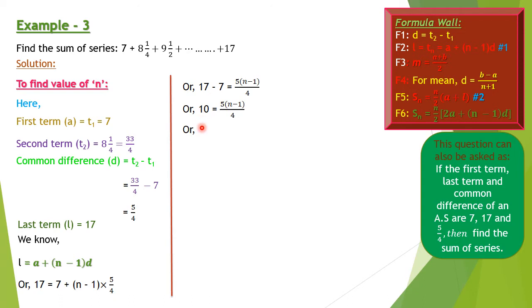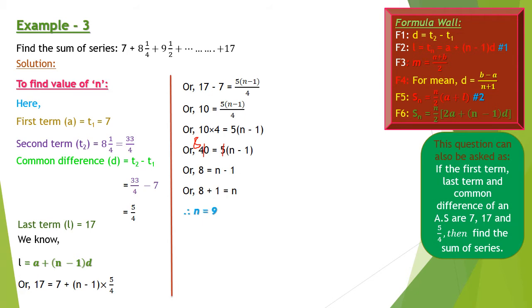You can cross multiply: 10 into 4 equals 5(n minus 1), that's 40 equals 5(n minus 1). We can cancel 5: 5 eights are 40, so 8 equals n minus 1. So it's now clear that the value of n is 9. Therefore n is equal to 9.